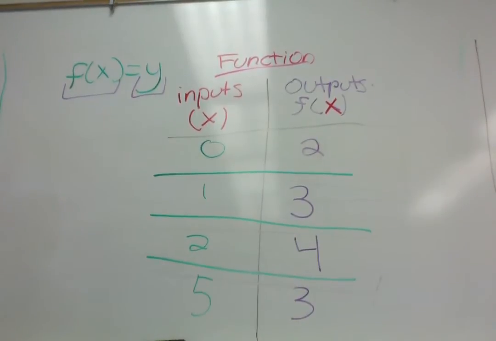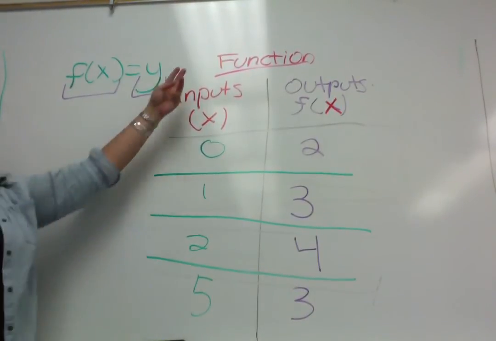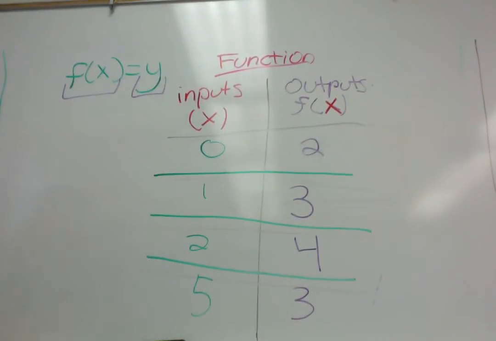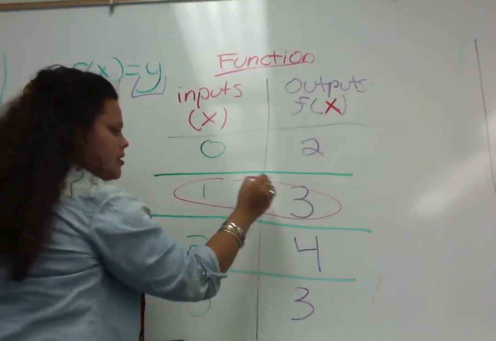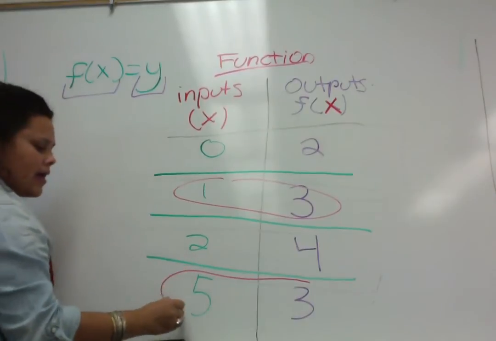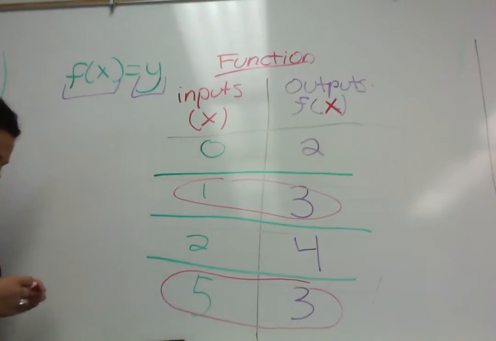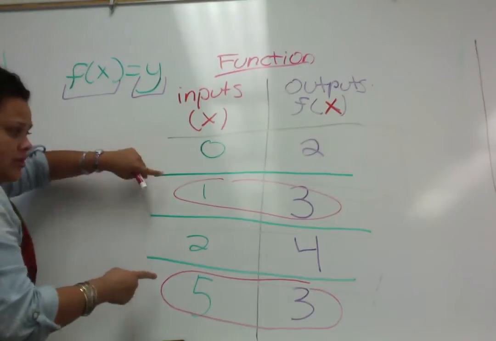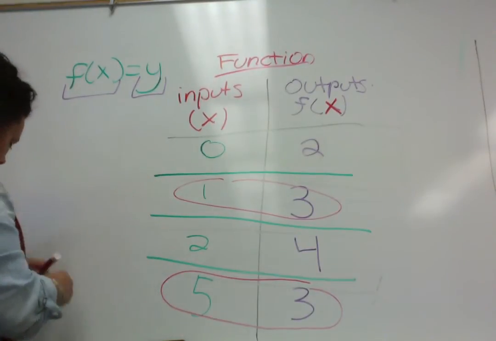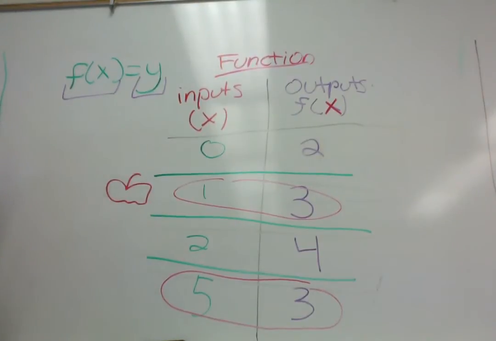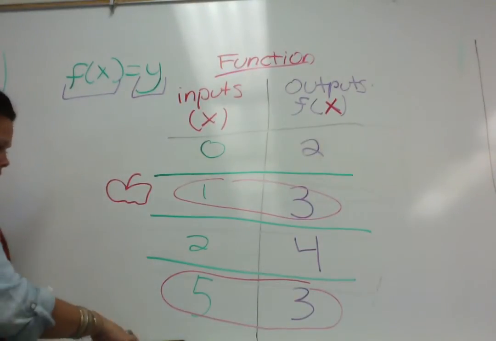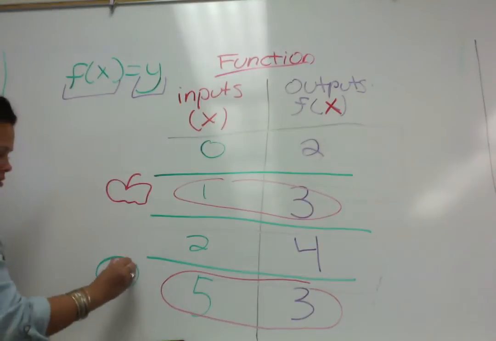Now, I already told you that this is an example of a function, but someone may be asking, hey, I see a 3 right here, and I see a 3 right here. Well, there are 2 different inputs. So let's say a red apple, and let's say an orange.